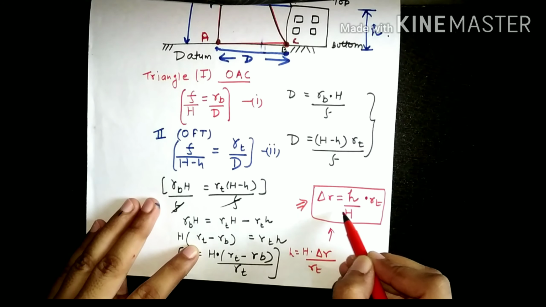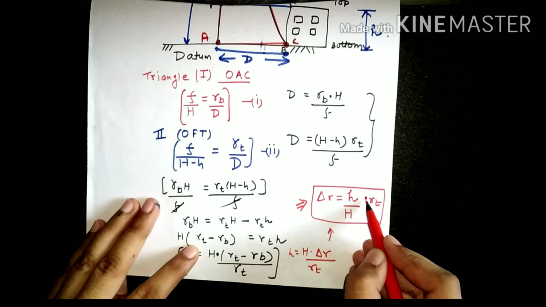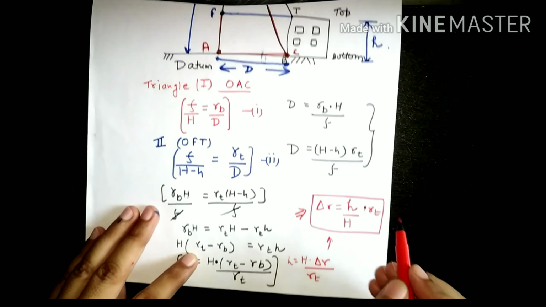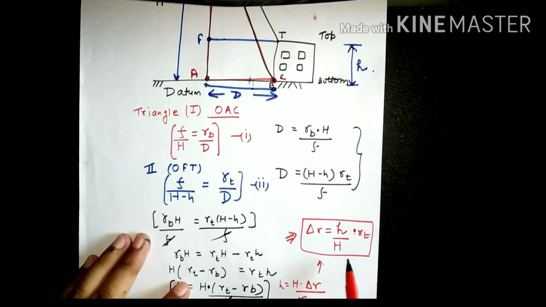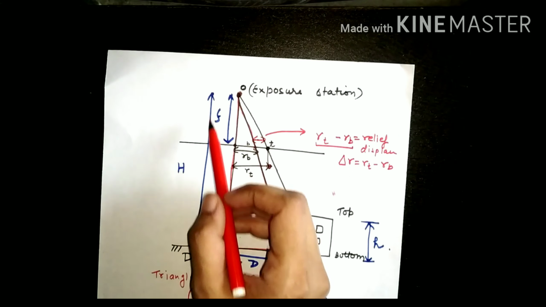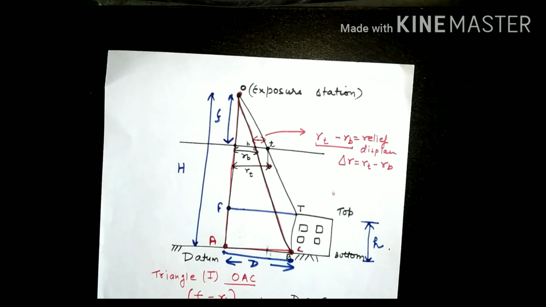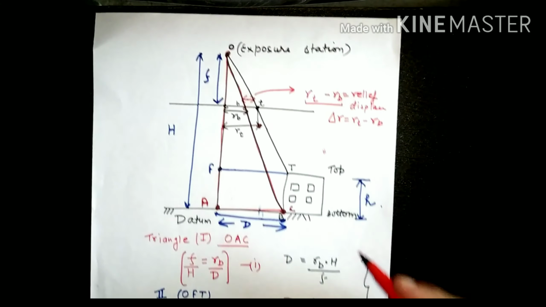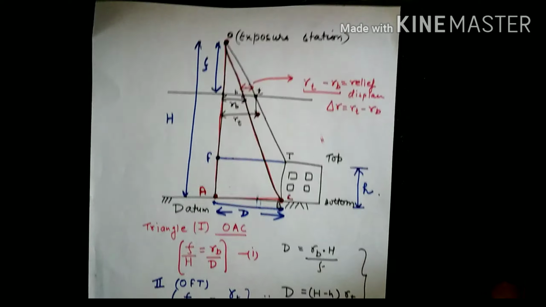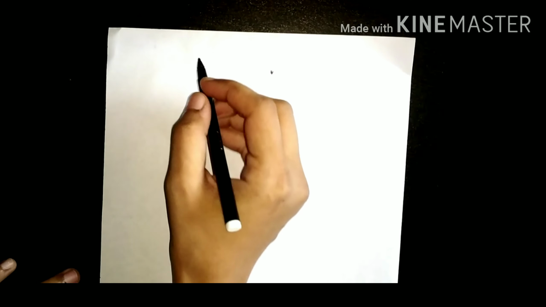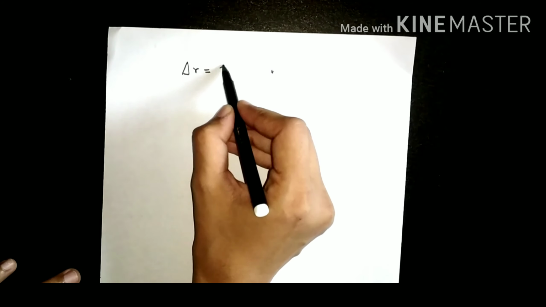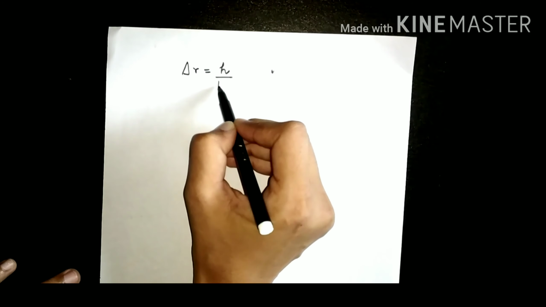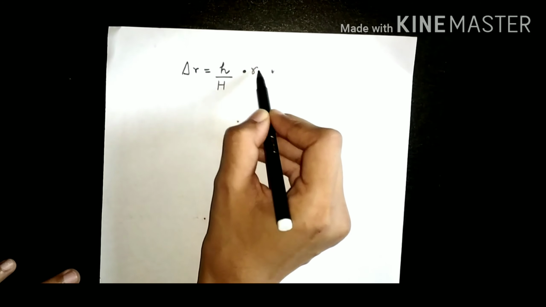Delta R will be the relief displacement, RT is the radial distance between the principal point and the top point in the photograph. Okay, and capital H is the flying height, and small h is the height of the building. So the final equation for relief displacement will be delta R is equal to h upon H dot RT.